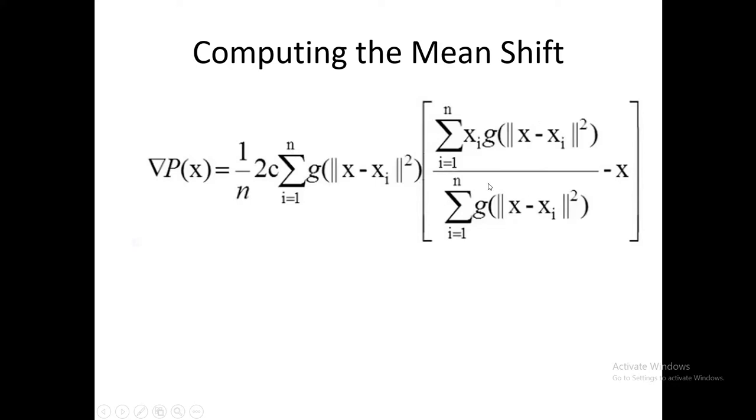What we get here is g of x minus xi, and we call this term the mean shift.